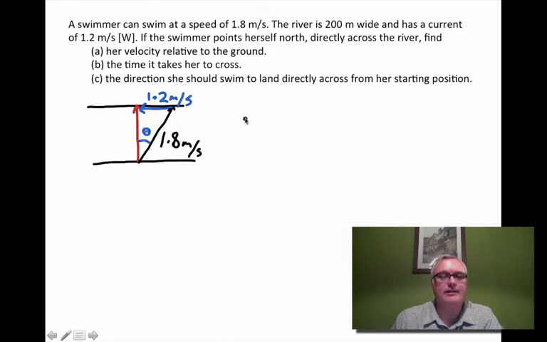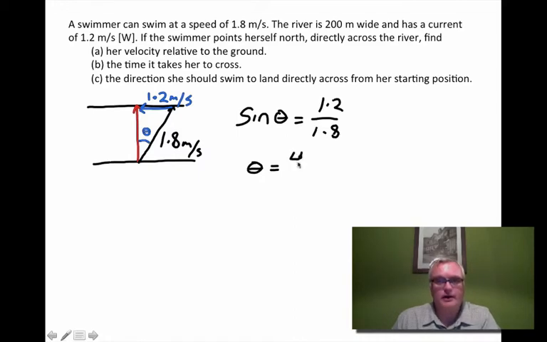So to find that angle this time, because I have the opposite side and the hypotenuse, I need to use sine of that angle, which is going to be opposite over hypotenuse. And that gives us a direction of 41.8 degrees, and again, that is the direction east of north.